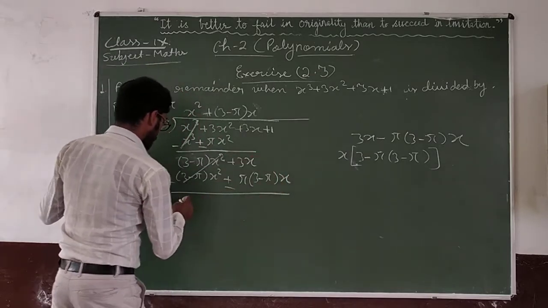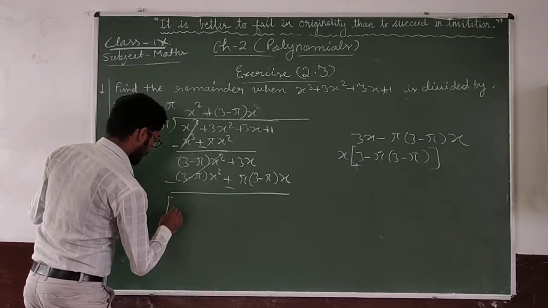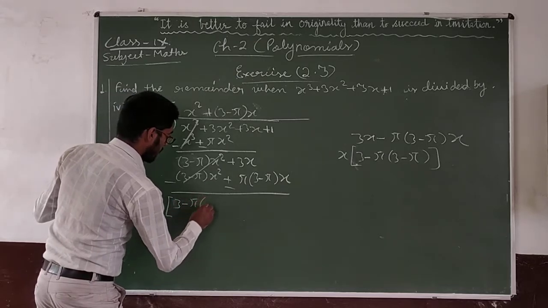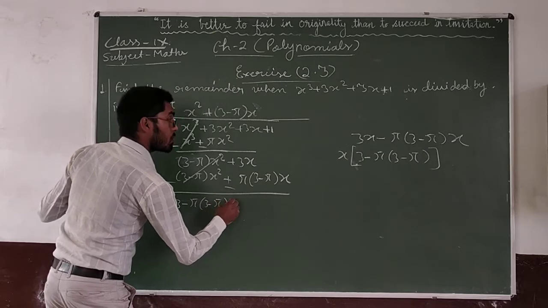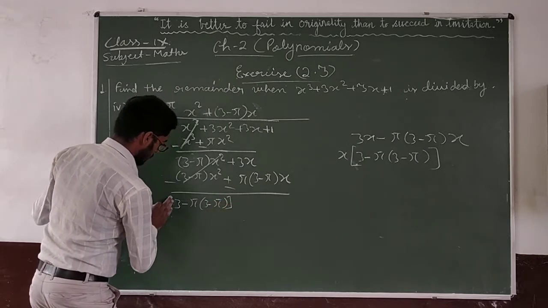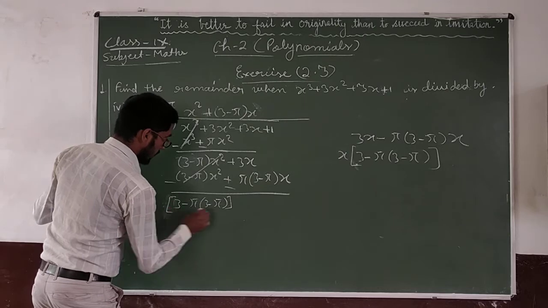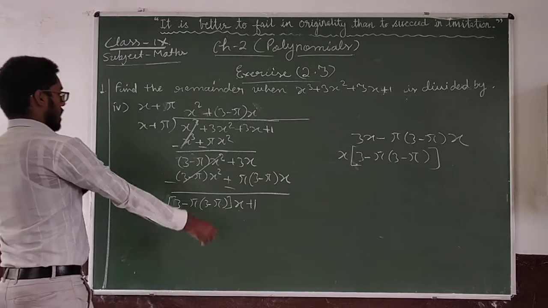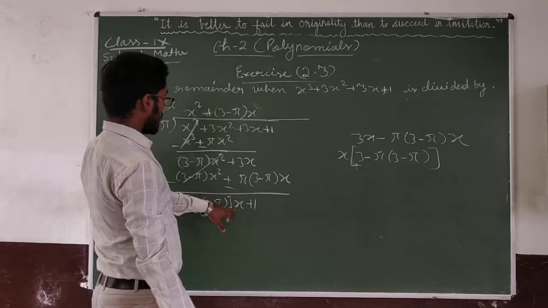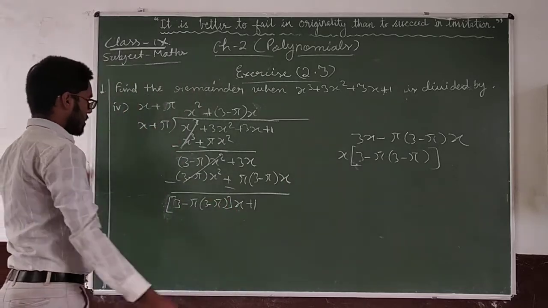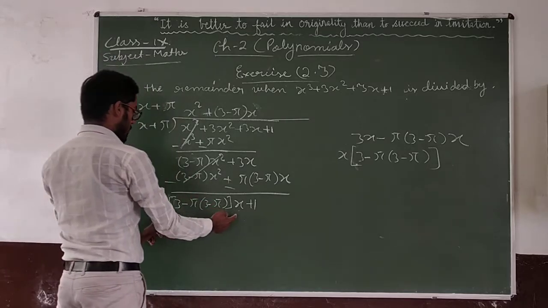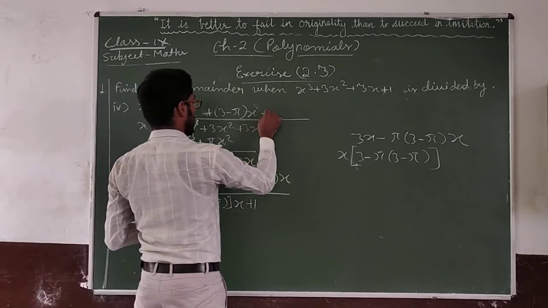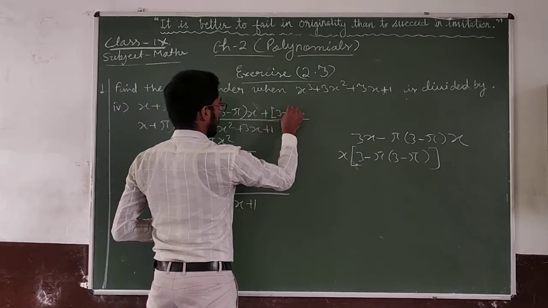So you can write (3 minus 5) into x, and note down plus 1. Now only x is required, the coefficient is 1, and the coefficient in the bracket is (3 minus 5), so you require this. So write plus (3 minus 5).